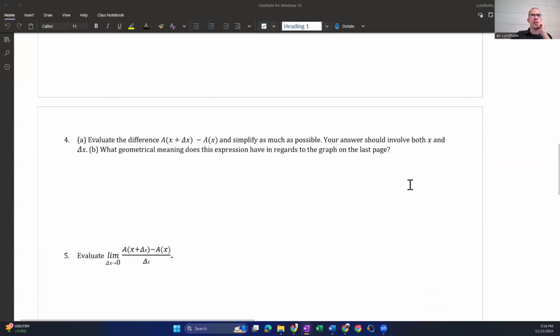Evaluate the difference between the area evaluated at x plus delta x and the area at x, and simplify as much as possible. Hopefully the answer will involve both x and delta x. What geometrical meaning does this expression have in regards to the graph on the last page?